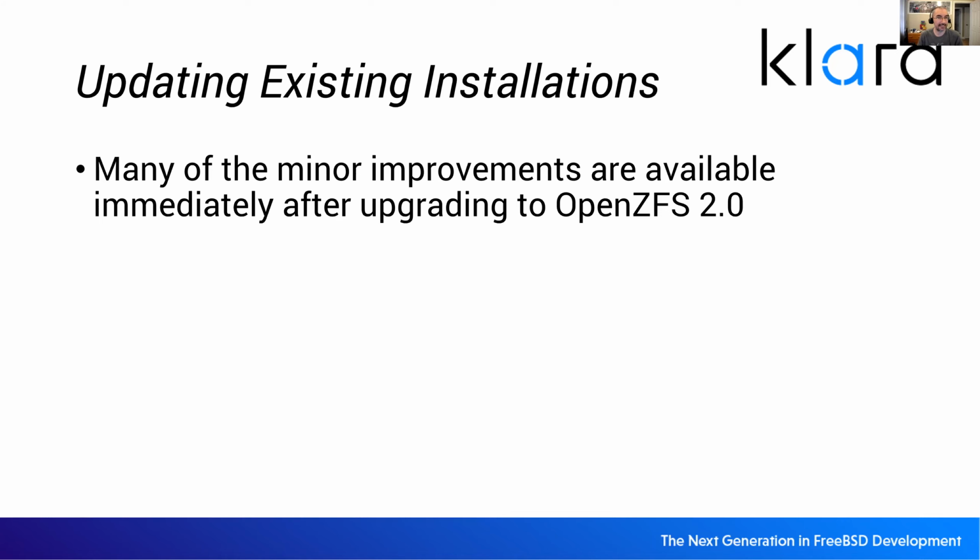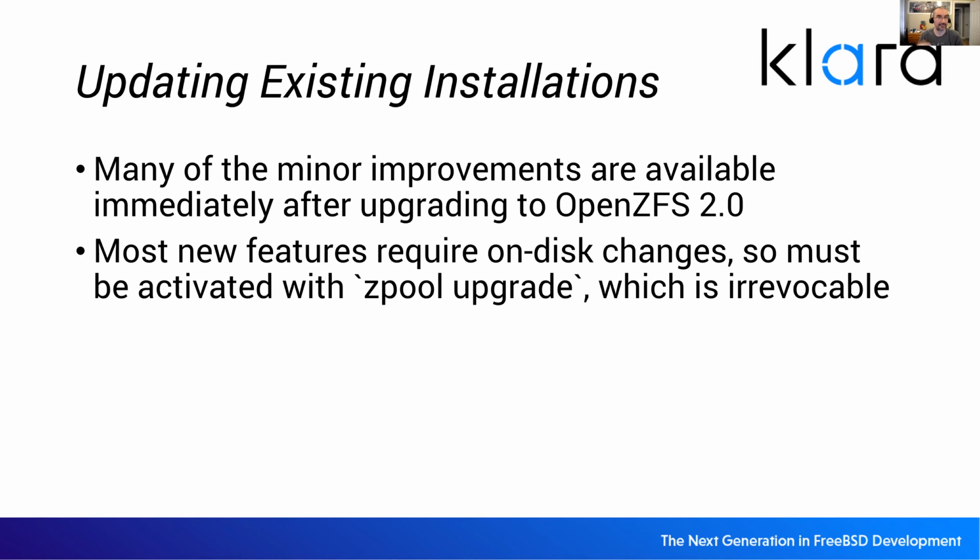So if you're on Linux, that could just be installing the new RPM or APK or whatever, or as we'll talk about in the next slide, installing the package on FreeBSD. And once you have the OpenZFS 2.0 tools and kernel module, you will have access to a lot of the minor improvements.